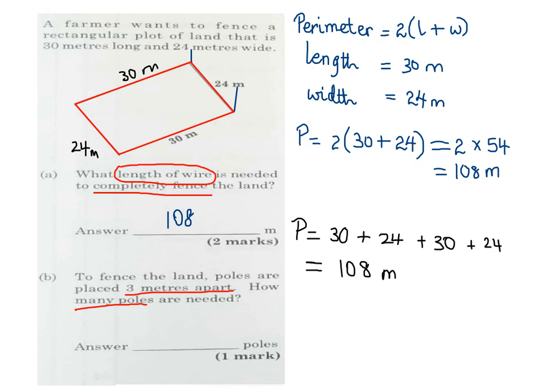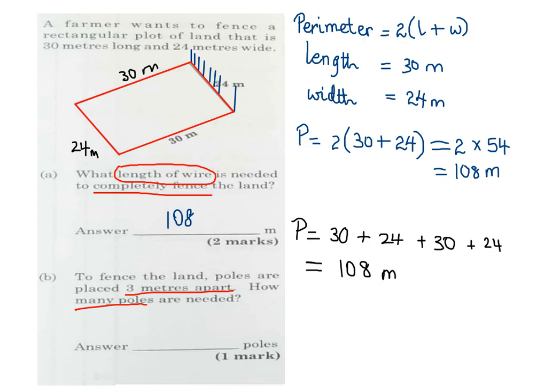So let's just try to illustrate what that could look like, right? 8 poles along the land. So it could look something like this, right? 1, 2, 3, 4, 5, 6, 7.